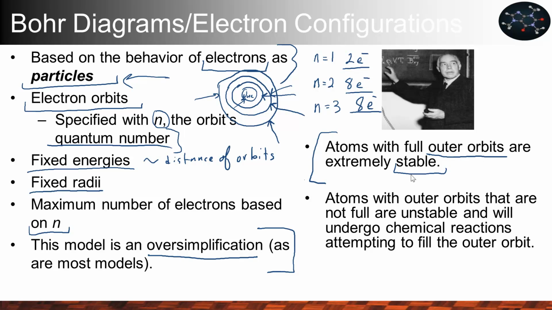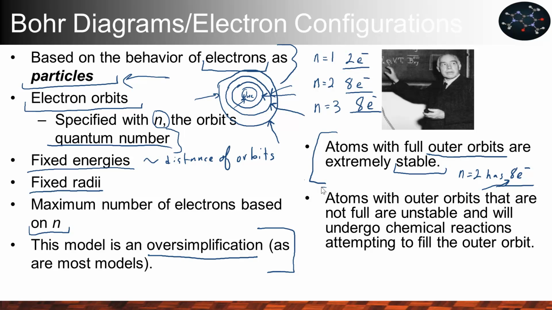But what this means is if I had an atom and its second orbital has 8 electrons, it's going to be stable, and it's not really going to do much when you react it with other atoms. Now, if you have atoms that are not full at the edge, they're going to attempt to combine with other things and share or steal or give away electrons so that they will, when they're done, have that full outermost shell, outermost orbit of electrons.